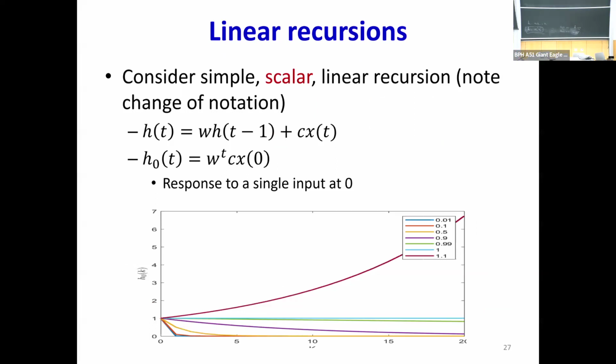What happens if WH is a vector? It's very easy for us to analyze what happens when W is a scalar, X is a scalar and H is a scalar. But when all of these are vectors, how do you analyze it? We can look at the eigenvalues, right?